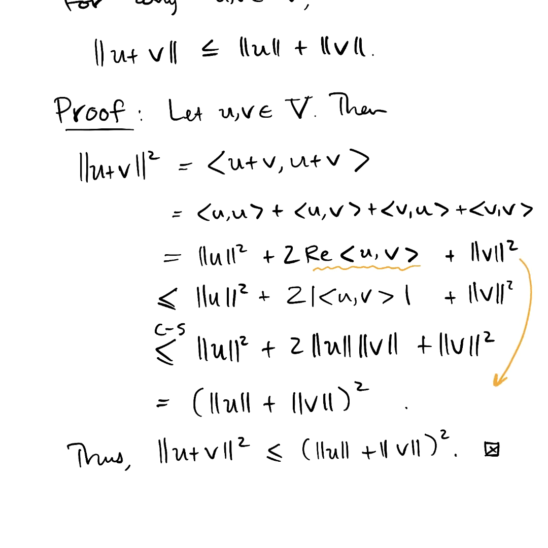The only way you get an equal sign in triangle inequality is if you have an equal sign right here. And you already know when you have an equal sign in Cauchy Schwarz. So I'm going to leave it up to you guys to think about the exact conditions under which you get an equal sign in triangle inequality. But the clue is in the proof itself.